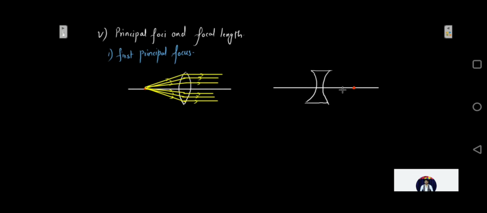So let's say that they are coming. Let me draw the dotted line over here first. Like this. So something like this, and then after refraction they will go parallel to the principal axis, exactly parallel.